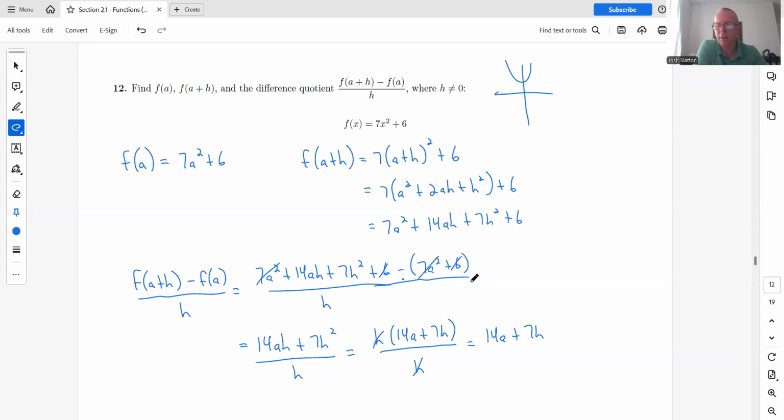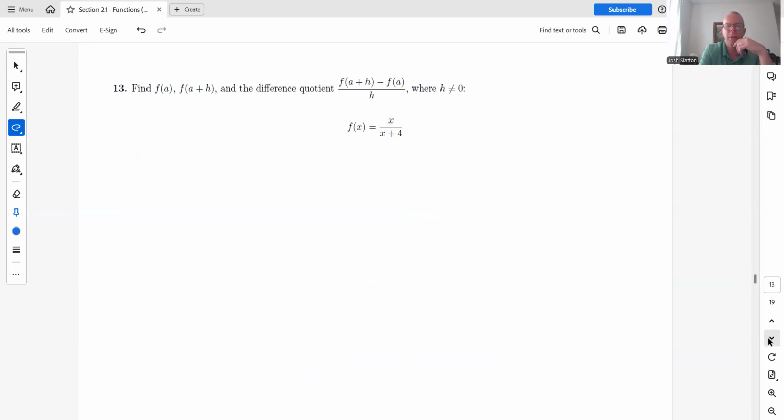Okay, so this one is a little bit more algebra. You definitely have to be careful when you're working this one out. The last one, maybe be careful, but you should know what the answer is going to be. This one, the answer is not as obvious. But again, you will see this idea more in calculus, so it's a good idea to kind of familiarize yourself.